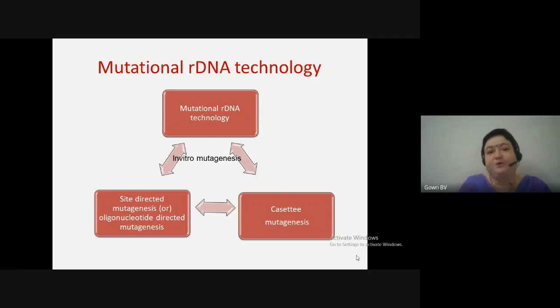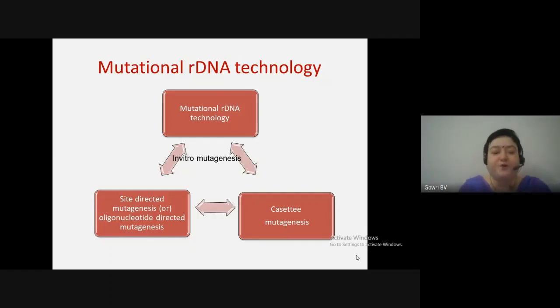I repeat, mutational rDNA technology or in vitro mutagenesis can be brought out by two means.